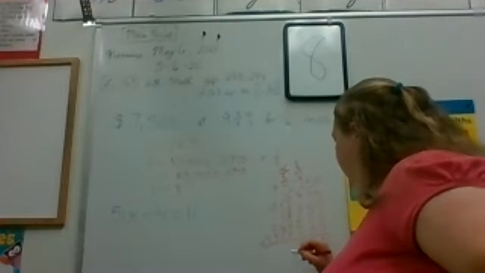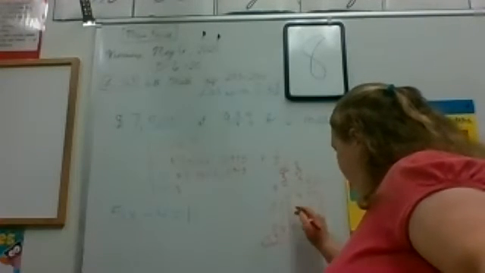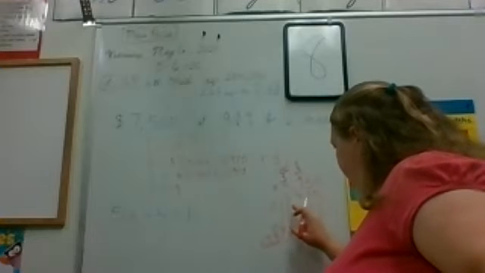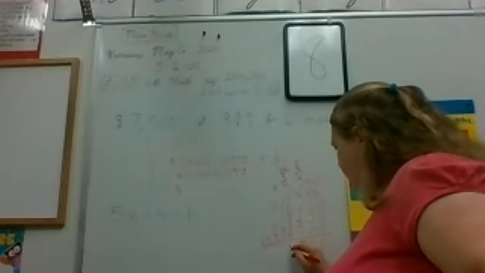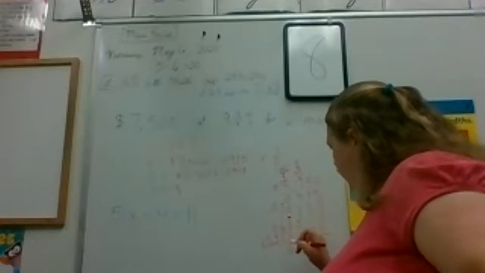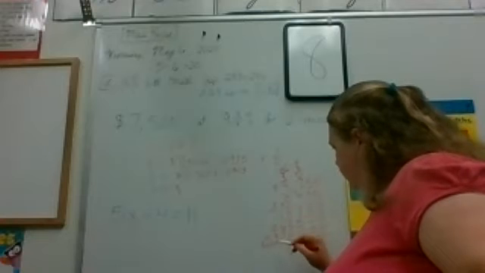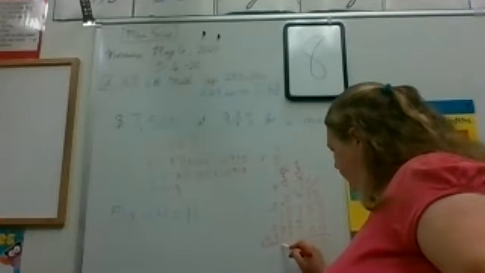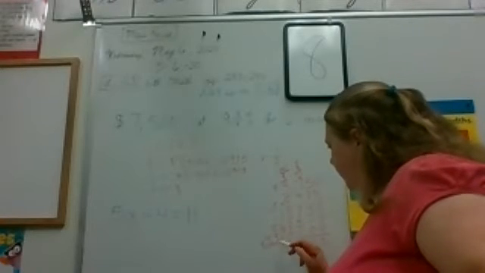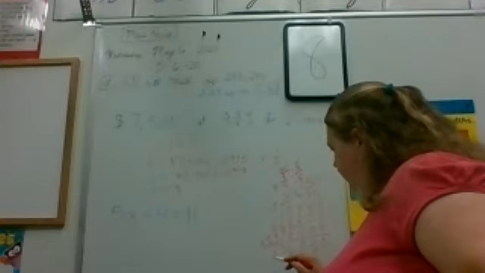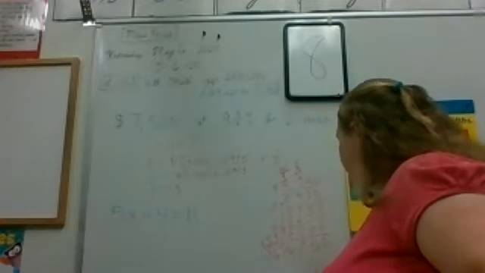Carry a 1. 8 plus 2 is 10, plus 1 and 5 is 16. 1 plus 1 is 2, plus 6 is 8, plus 7 is 15, carry a 1. 3 plus 3 is 6, and then you have a 3 at the bottom, okay?